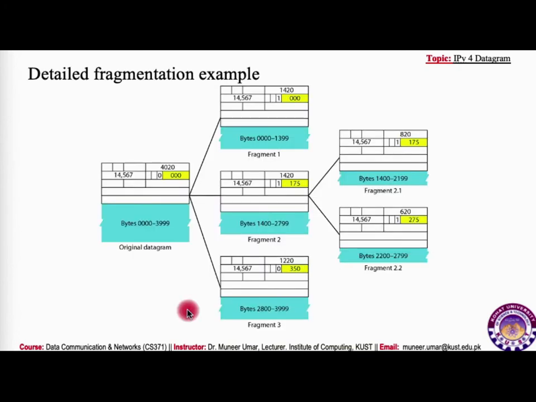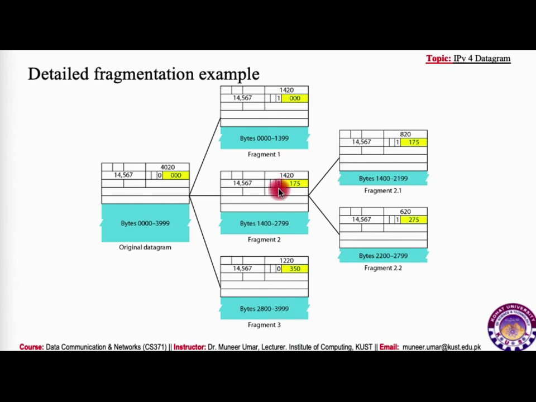This figure shows an expanded view of the fragments in the previous figure. The original packet starts at the client and the fragments are reassembled at the server. The value of the identification field is the same in all the fragments, as is the value of flags, with the more bit set for all fragments except the last one.